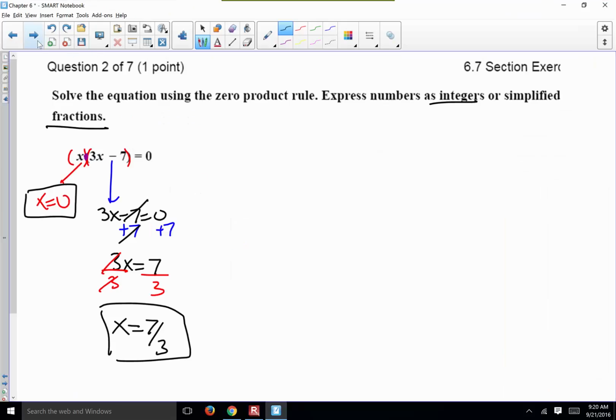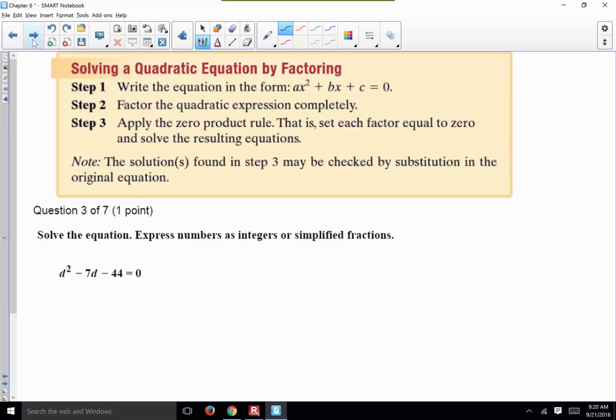Alright. Fun is over. Look at the question and tell me the difference, please. If you don't notice a difference here, you're in trouble. What is the difference? This question versus the previous one, x plus 4, first question, x minus 8.